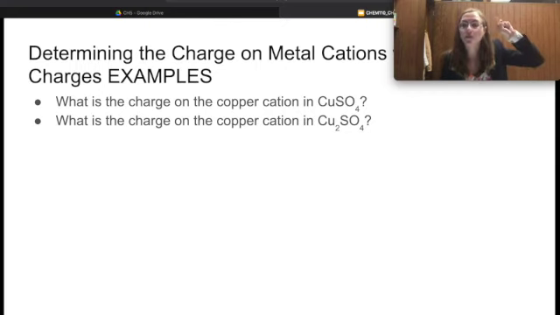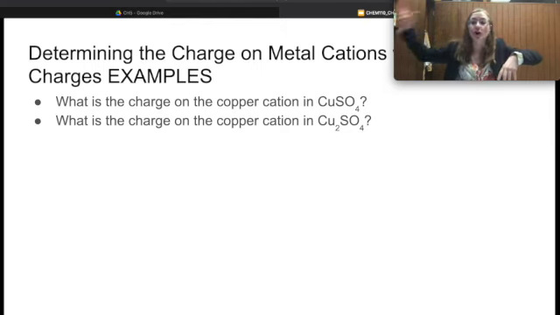My amount of positive charge has to balance that, okay? I have one copper ion that has to balance all of the negative charge coming from the sulfate. My copper has a subscript of 1, so all of the charge from the sulfate is balanced by the charge from the copper.